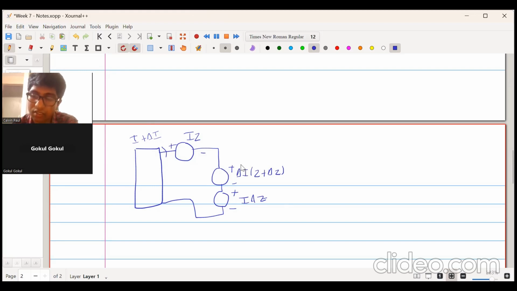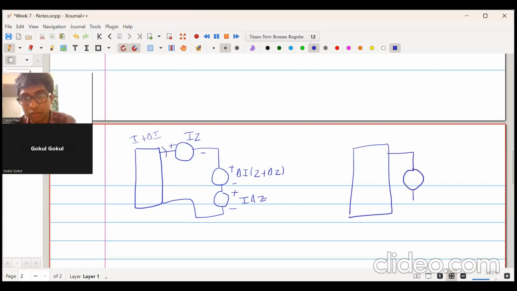If that is the case, what will happen? It will just be all the previous network, the same thing, just this voltage source IZ. What we have done is just shorted these voltage sources.